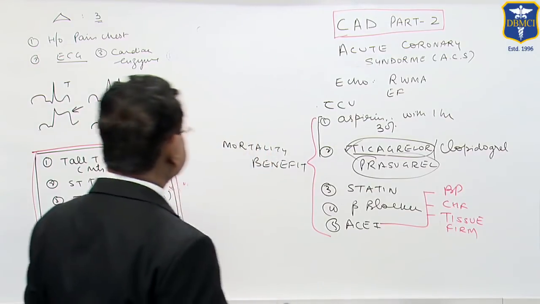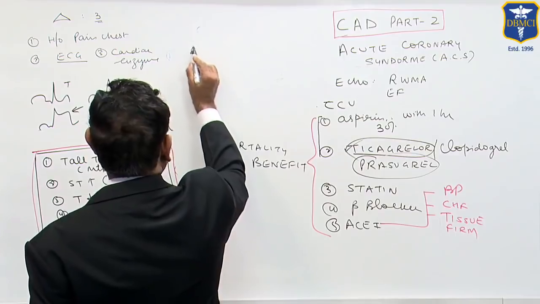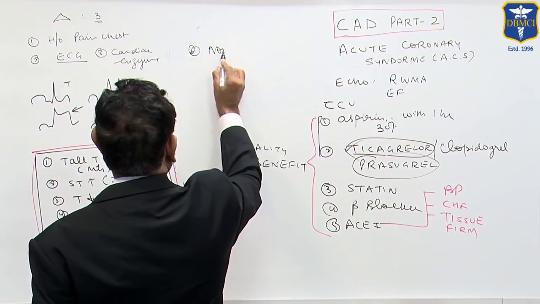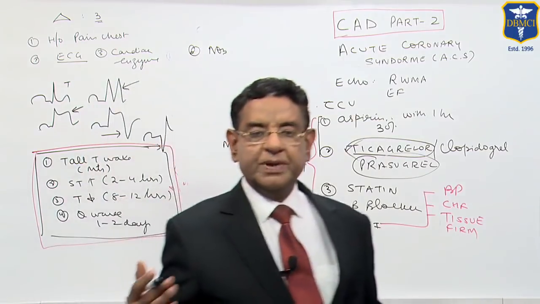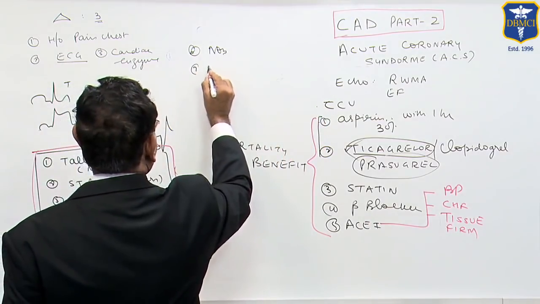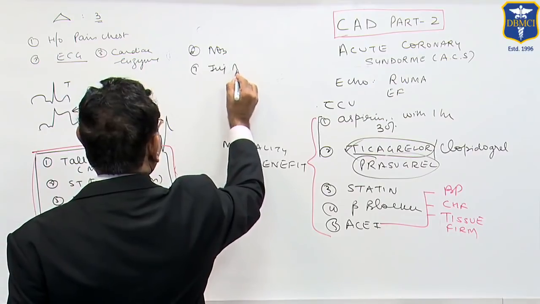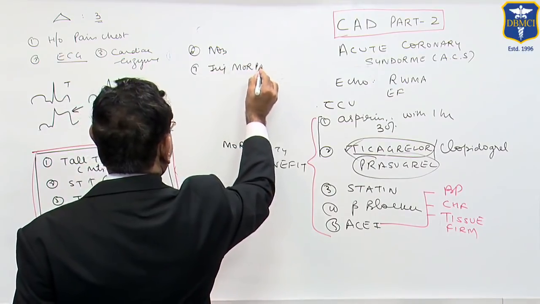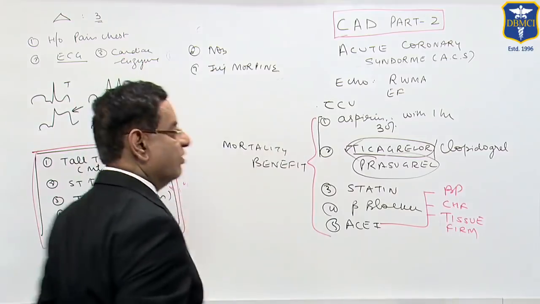Now other drugs that we use are nitrates, to control the chest pain, or nitroglycerin. We also give injection morphine, maybe IV or IM.